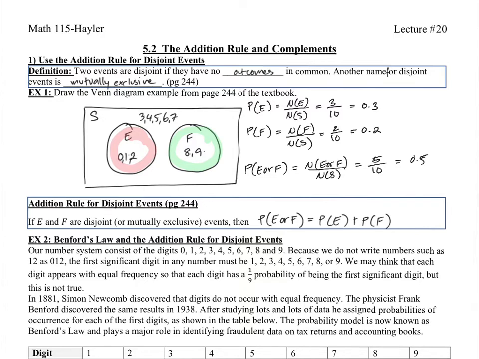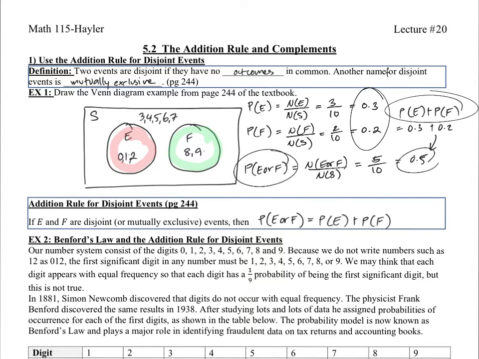This is the exact same thing as adding the probability of E plus the probability of F, 0.3 plus 0.2, which gives 0.5. So these two give us the same outcome, that is, if we have events that are disjoint. Keep that in mind.